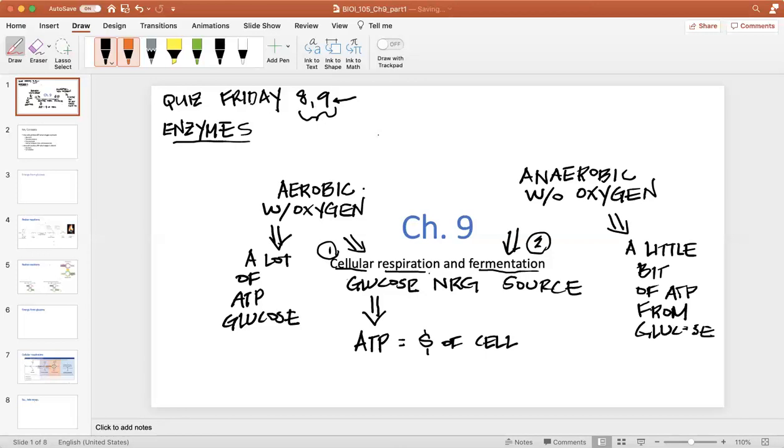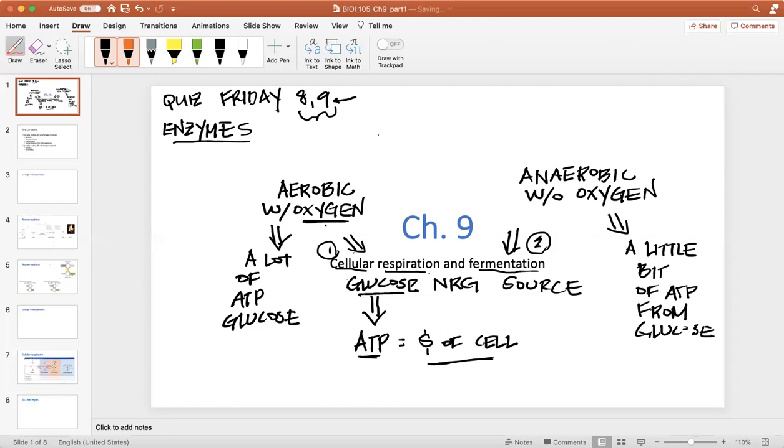So just to recap, we're going to use a series of enzymes in both of these processes, cellular respiration and fermentation. The goal of both is to use enzymes to turn glucose into ATP, because ATP is what I like to call the money of the cell. It's what we use as our energy storage molecule. Cellular respiration turns glucose into ATP with the help of oxygen.